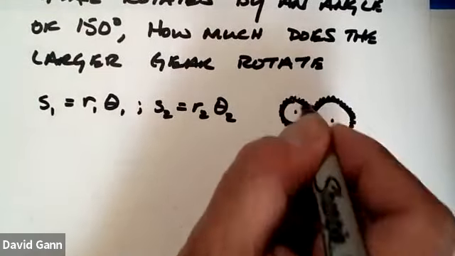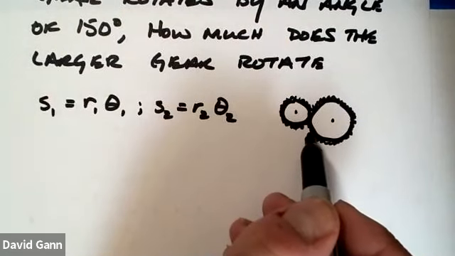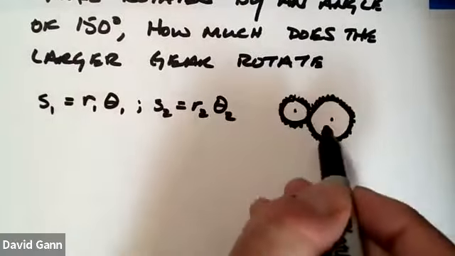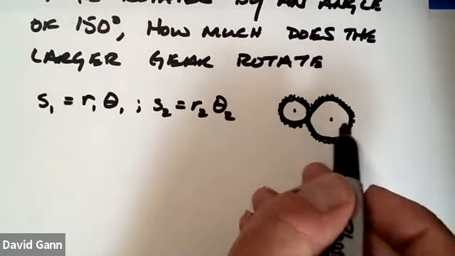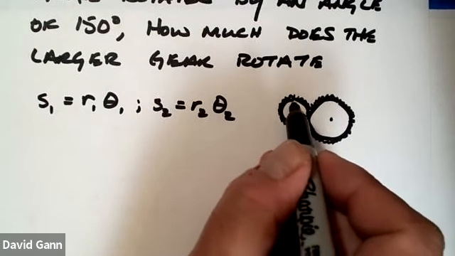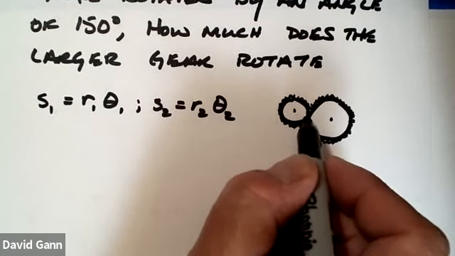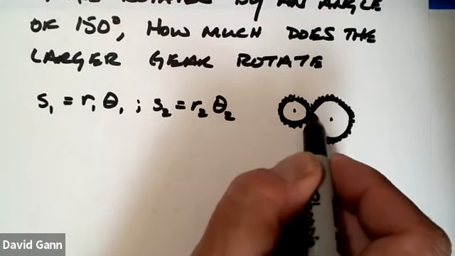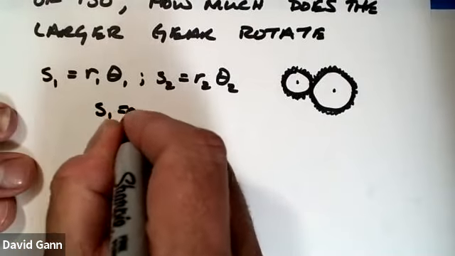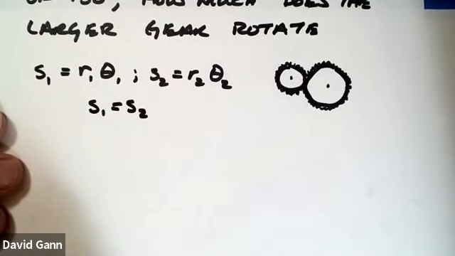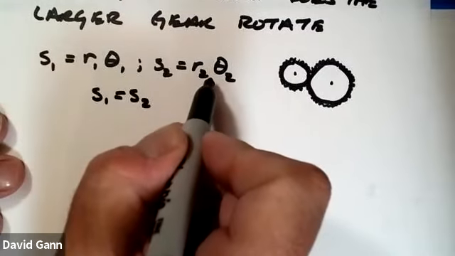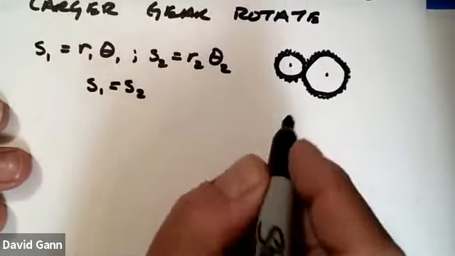And in physics problems and other things like that, when you talk about rolling without slipping or any kind of rotation without slipping, this is exactly what's meant: the surface distance on this roller is identical to the one over here. So that connection can be written this way: S1 equals S2, okay? And as a result, the right-hand sides of these equations are equal to each other as well.